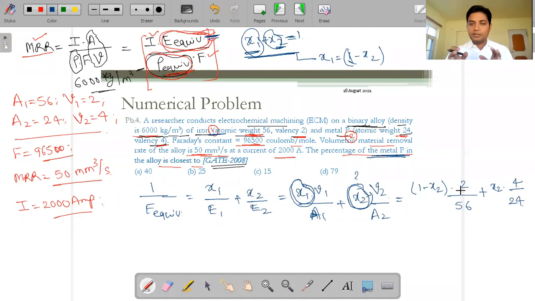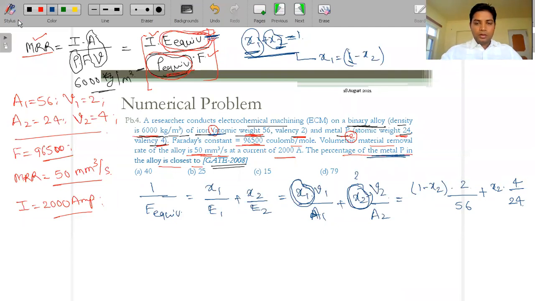Is it okay guys? If I am somewhere wrong, please correct me. What you can do is multiply this 2 by 56 inside, then it becomes 2 by 56 minus 2 into x2 upon 56, and this will be 4 into x2 upon 24.